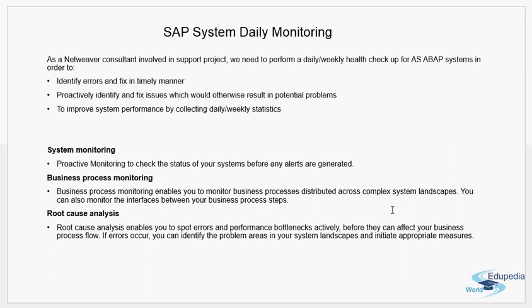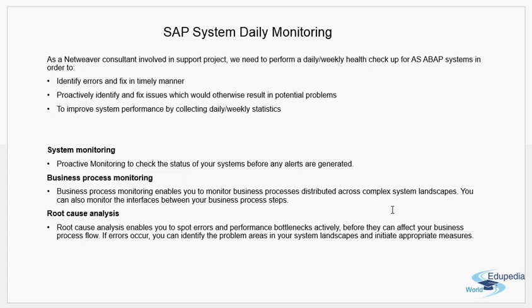Second is business process monitoring. Business process monitoring enables you to monitor business processes distributed across a complex system landscape. You can also monitor the interfaces between your business process steps. Now, if we look at the system, it is connected to different other systems.